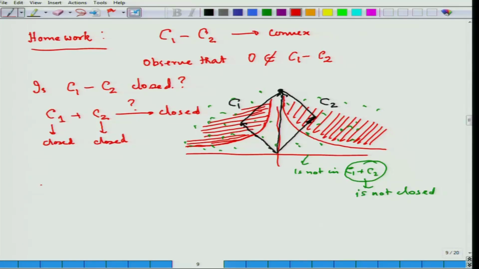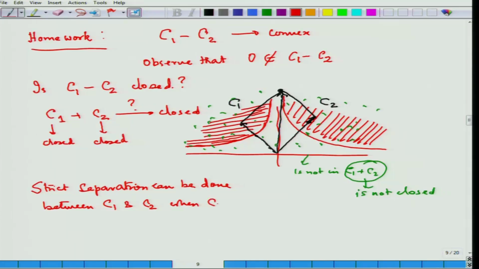So, strict separation can be done between C1 and C2 when C1 is compact and C2 closed.